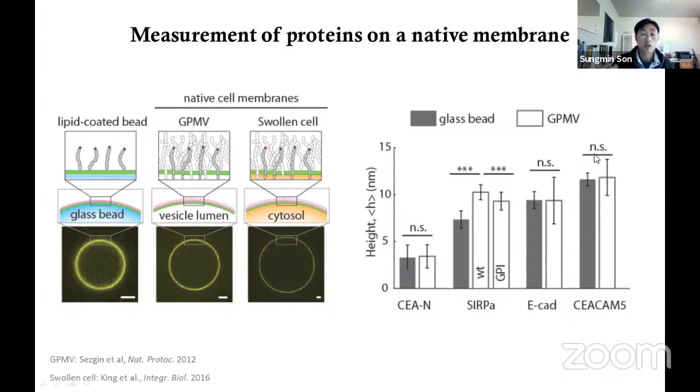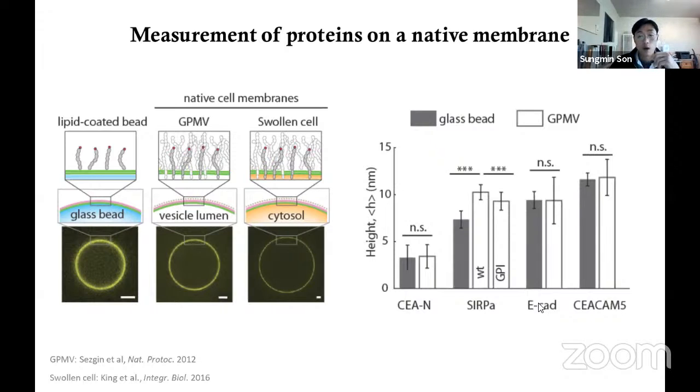We thought it was intriguing, and maybe, for example, CEACAM is a GPI anchored protein naturally, so it can freely swing back and forth while sitting on the plasma membrane. But SIRP alpha has a transmembrane linker, and we thought that the membrane linking mechanism might make the protein stand more vertically.